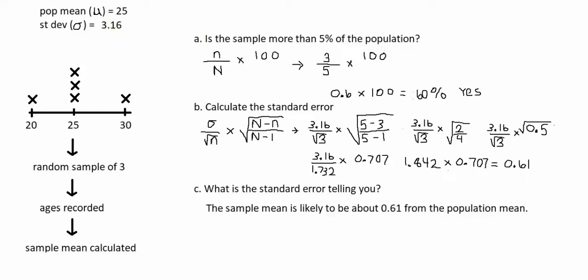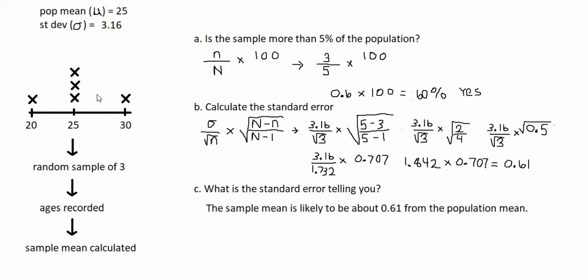So here we have an imaginary random sampling situation. We're imagining that there's this population of 5 people, and these are the ages of the 5 people shown in the diagram. So the population has one 20-year-old, 3 25-year-olds, and one 30-year-old. And we're imagining that for some reason, someone is randomly selecting 3 of these people, recording their 3 ages, and calculating the mean age of the sample by adding and dividing by 3.